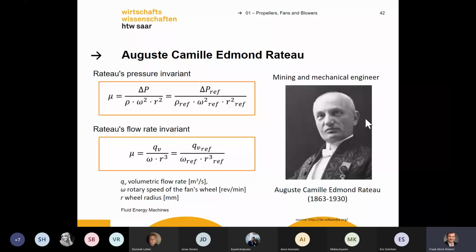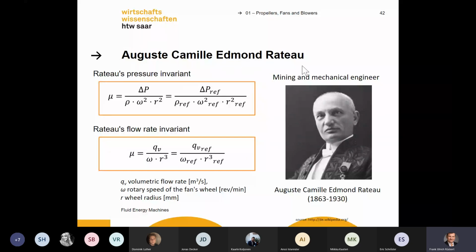From time to time, when I show you the slides and when I give you some famous laws or some famous numbers, or when I explain something, from time to time I go a bit through history and I explain a bit about the people that invented the laws, and one very famous person is August Camille Edmond Rateau.